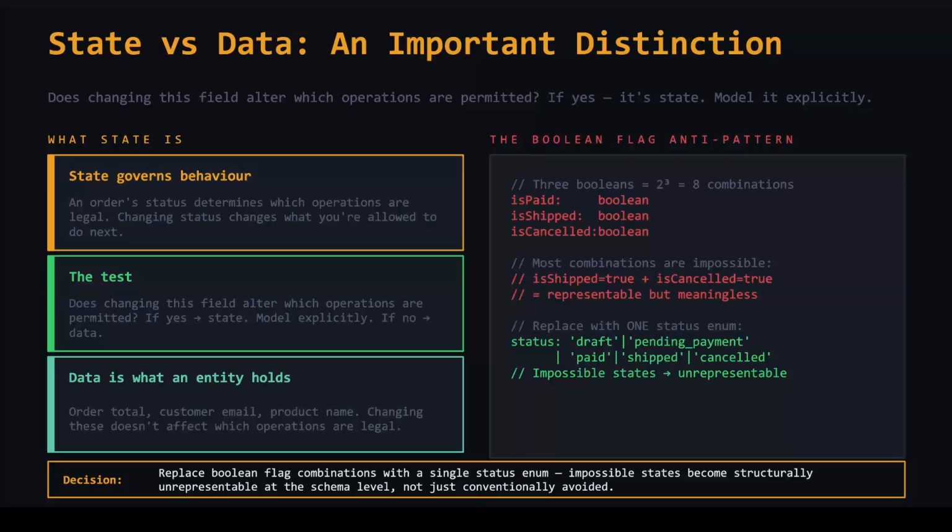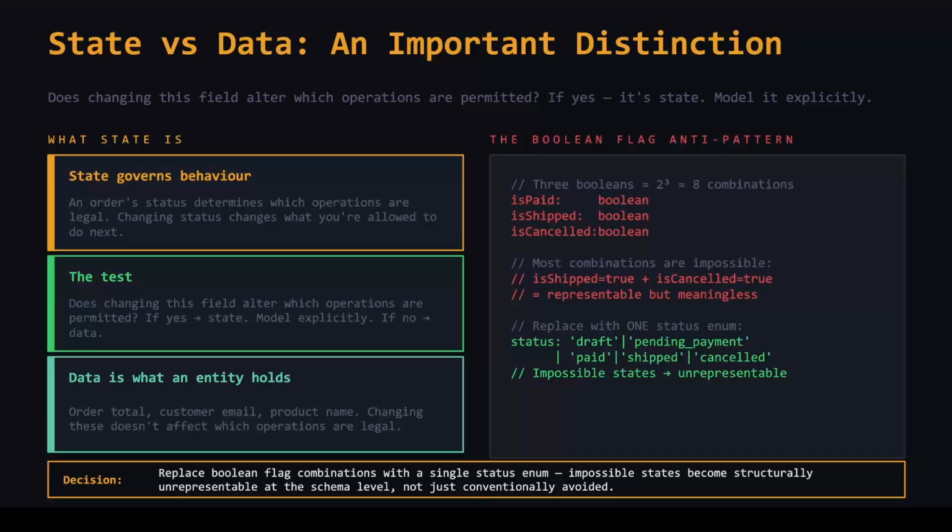If no, it's data. The most common anti-pattern is storing state as multiple Boolean flags. Is paid, is shipped, is canceled. Three Booleans create 2 to the third combinations, right? But your business logic probably only treats 3 or 4 as valid. The remaining 4 or 5 are impossible states. Contradictions like is shipped true, is canceled true can never legitimately occur, but your database will happily store them if any code path produces them.